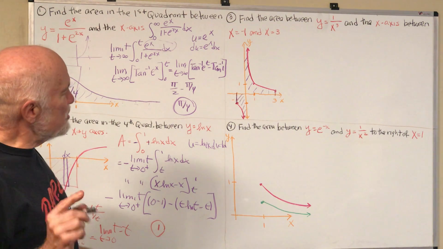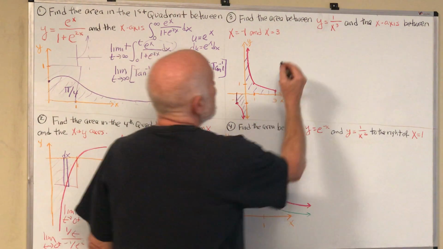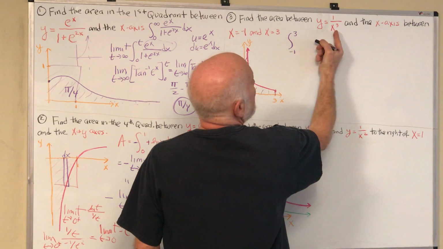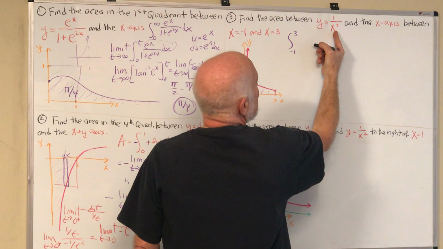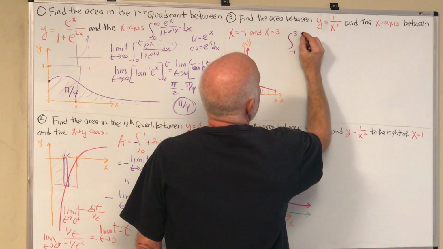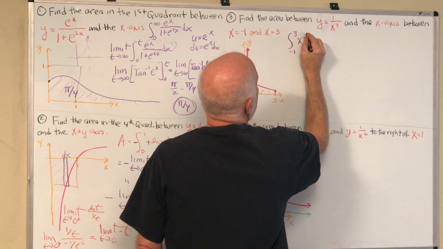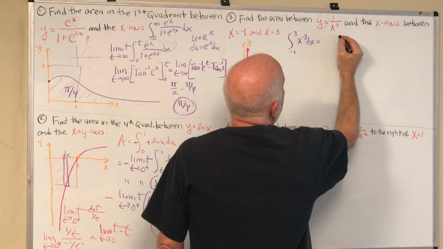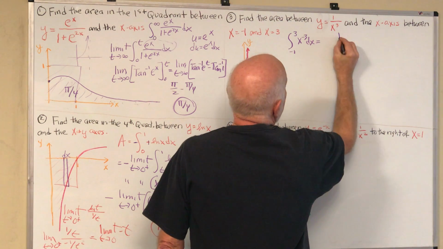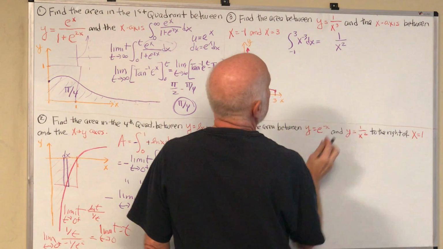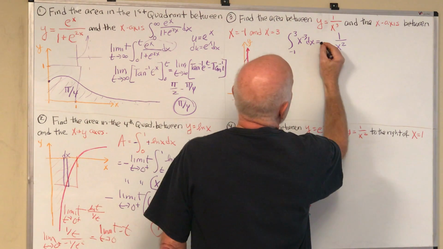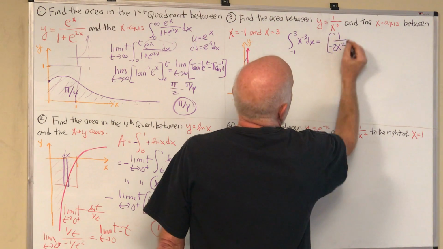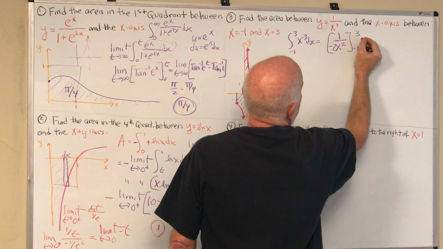Well, just to show you something, let's see what would happen if we took the integral from negative 1 to 3 of 1 over x cubed dx. Then you would get x to the negative 2 divided by negative 2, and we go from negative 1 to 3.